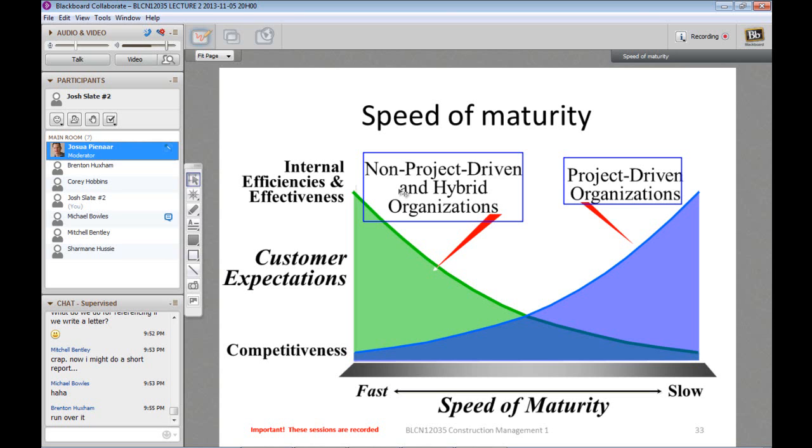So any kind of construction company would be project-driven, because we've got business coming in, we've got defined start and end dates. Charities might be a non-project driven organization. Yes, thanks, Michael. Banks might be another one. Something that is a rolling concern, right?